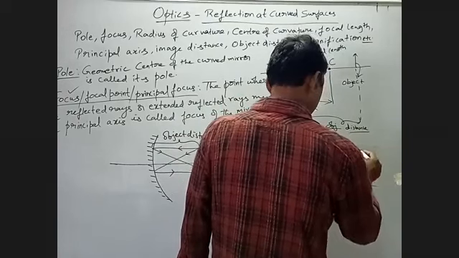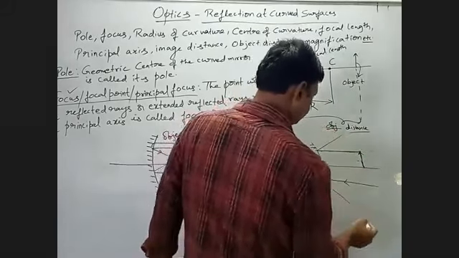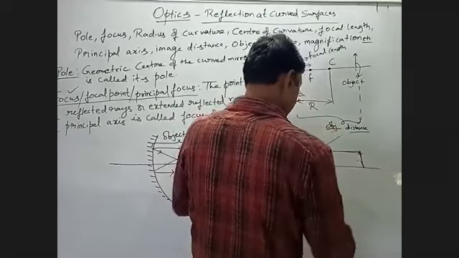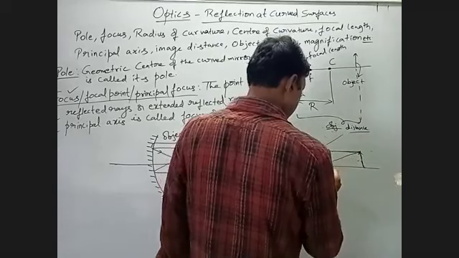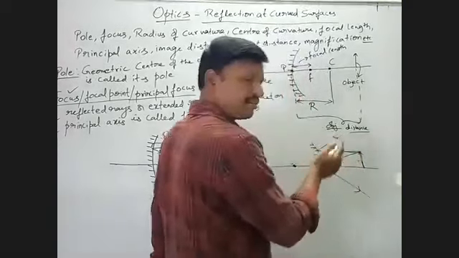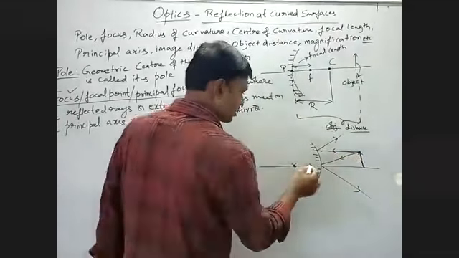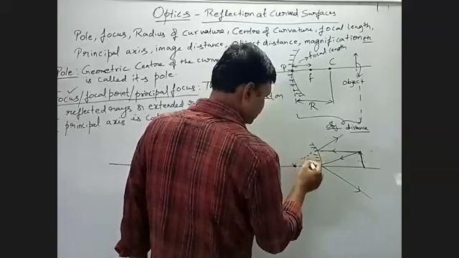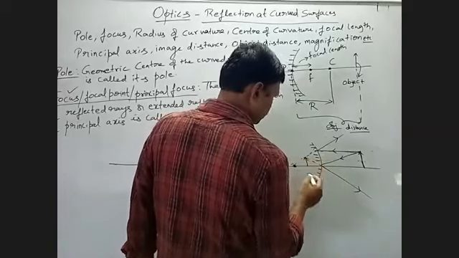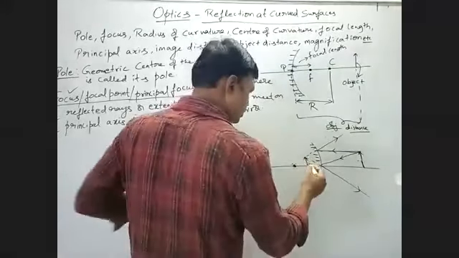This ray is also getting reflected back because it is a diverging mirror. If you extend this, you get an image at some point, but it is diminished in size.